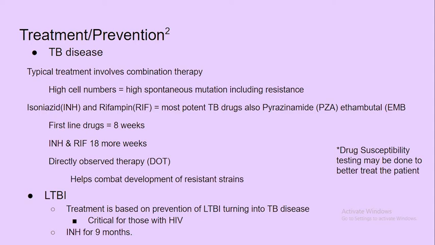Basically, with TB, there are really high cell numbers, which means a higher chance of more spontaneous mutations that might include resistance. So basically, combination therapy really helps in preventing resistance.